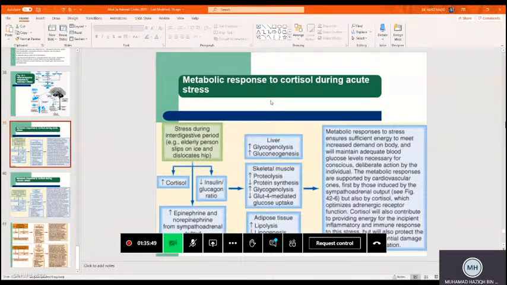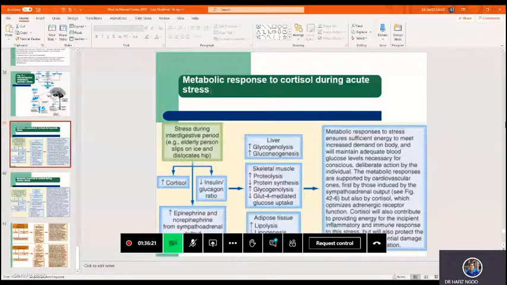When we talk about acute stress, even exercise is basically a stress. Any change to homeostasis is stress, which means that even a light exercise, like going for a walk or running, actually affects our body system and homeostasis. As long as it affects homeostasis, we call that acute stress.